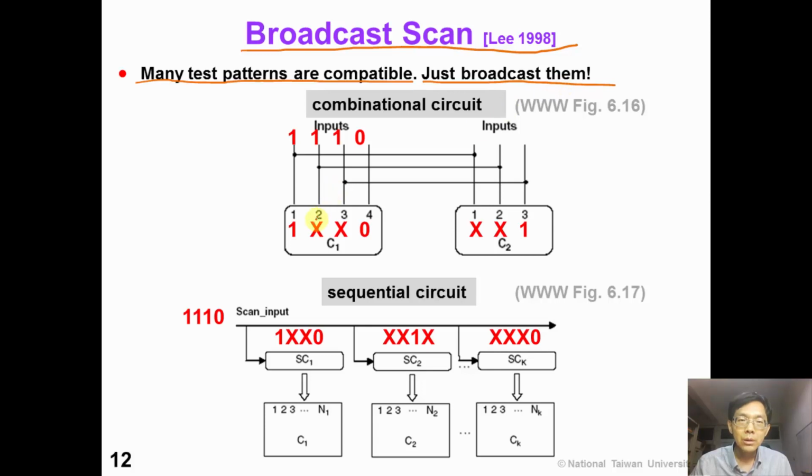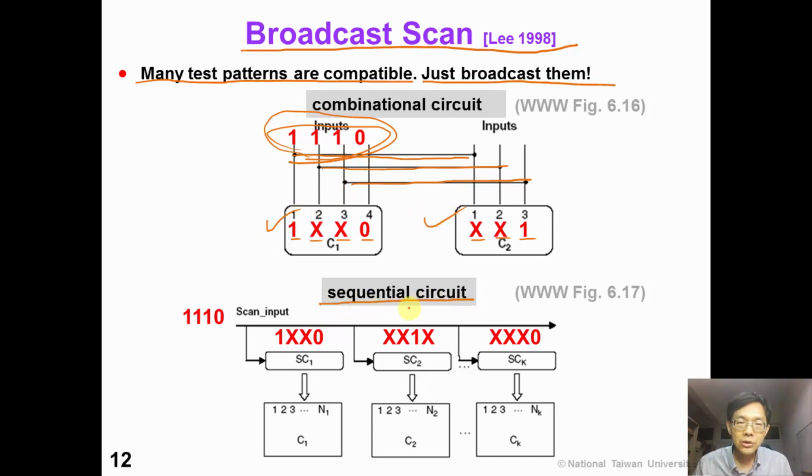For example, for these 2 combinational circuits, circuit C1 needs test pattern 1 don't care 0, and circuit C2 needs don't care 1. These 2 test patterns are actually compatible, so we can tie them together in test mode and apply one pattern 1110. In this way, we can test both circuits.